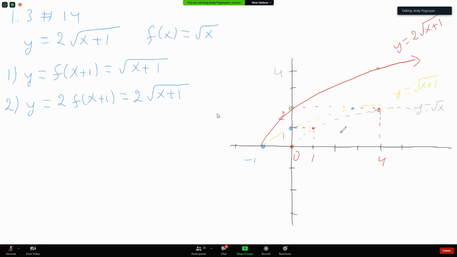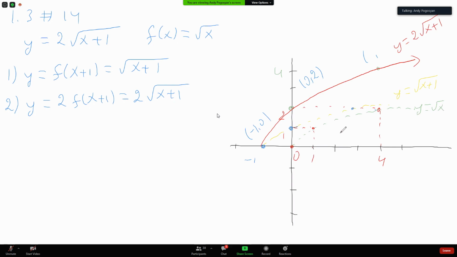Now you cannot plot the point, but at the end you can check. So you have negative 1, 0. You have x is 0, y is 2, x is 4, y is 4. Not 4, sorry, this is 3.